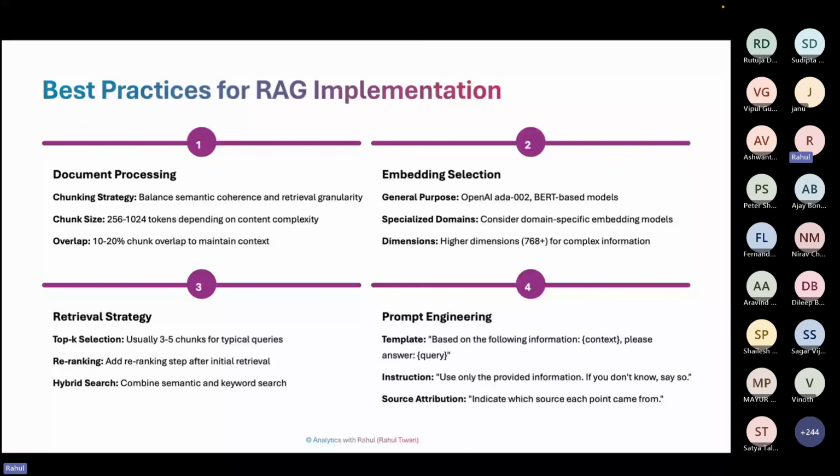Embedding selection: you can use various different models for embedding. Embedding is nothing but converting the data into numbers. You can use an OpenAI model and all those things. I'm going to use OpenAI today. We can create a higher dimension space. At the time of embedding creation, we can define how many dimensions of vector we want to create, right?